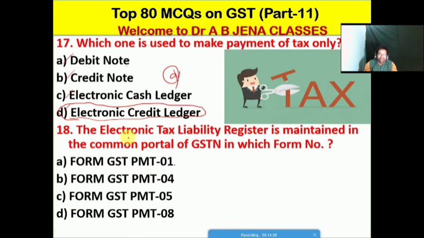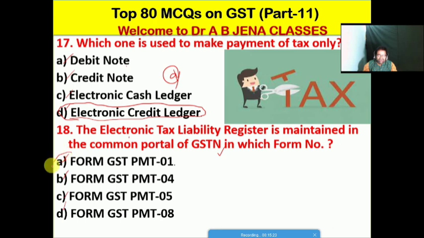So next one हम देखेंगे, the electronic tax liability register is maintained in the common portal of GSTN in which form number, whether A it's the form GST PMT1, B it's the form GST PMT4, C it's the form GST PMT5, D is the form GST PMT8.